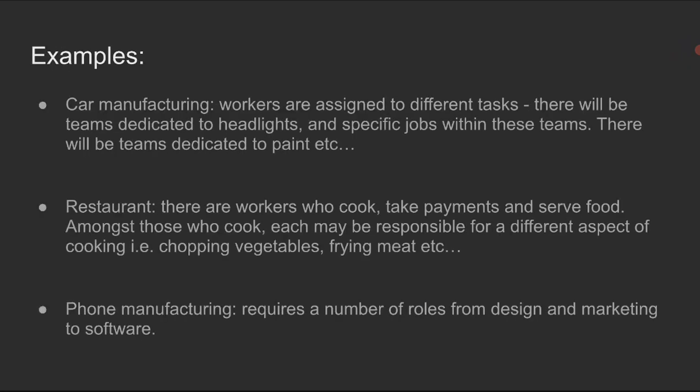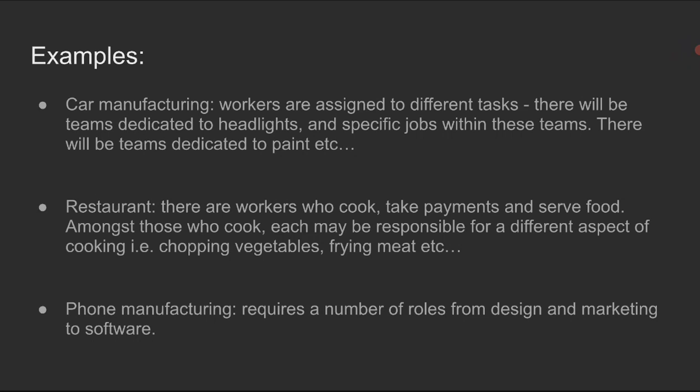So for example, examples of the division of labour, we've got car manufacturing. Workers are assigned to different tasks. There will be teams dedicated to headlights, specific jobs within the headlight team. There will be teams dedicated to paint, mixing the right paint, finding the right colours, etc. For restaurants, there are workers who cook, take payments, serve food.